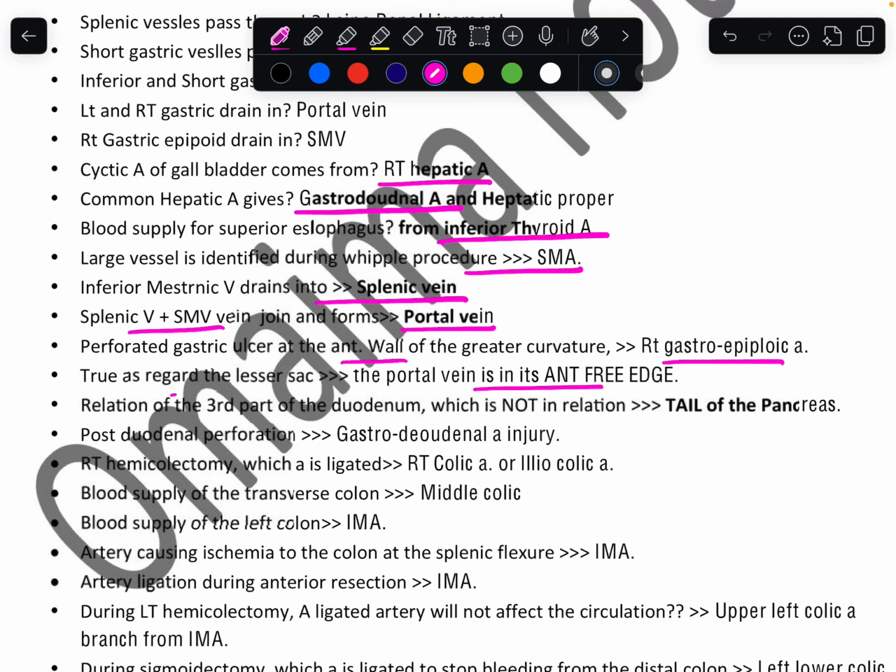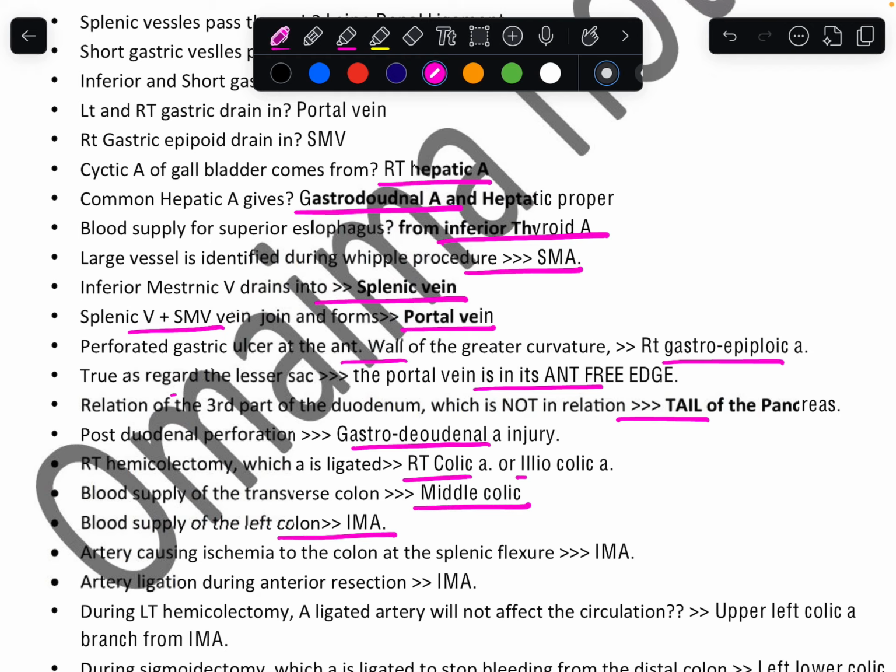Relation of third part of the duodenum, which is not in relation: actually right kidney is there. Posterior duodenal perforation, gastroduodenal artery, there is severe hematemesis. Right hemicolectomy, ligated right colic artery. Blood supply of transverse colon, middle colic.